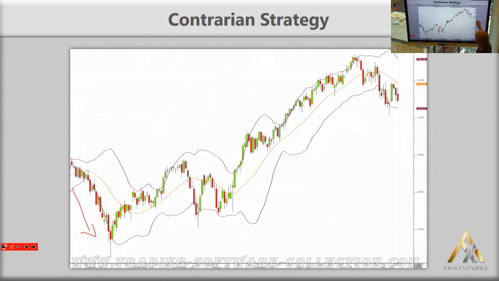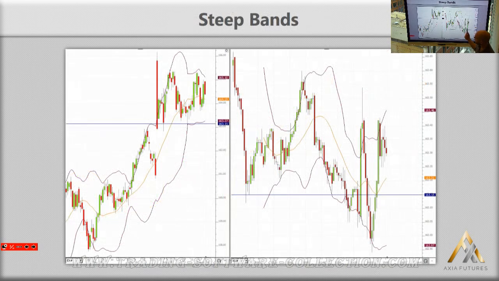All right. Steep bands. Now this is probably my favourite trade on Bollinger Bands, where you get a very, very steep band. If you get a quick move down to it, it gives you a very, very clear reversal trade. So what I'm looking at here is a daily Bund.